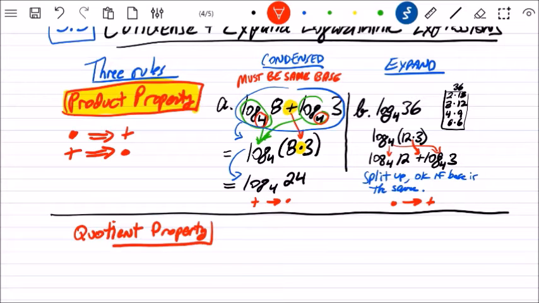The quotient property is going to be using division, as you can guess, and subtraction. We're going to have division becoming subtraction and subtraction becoming division.